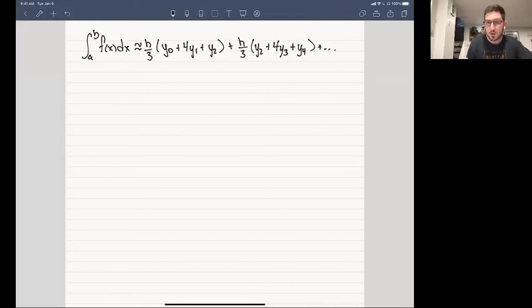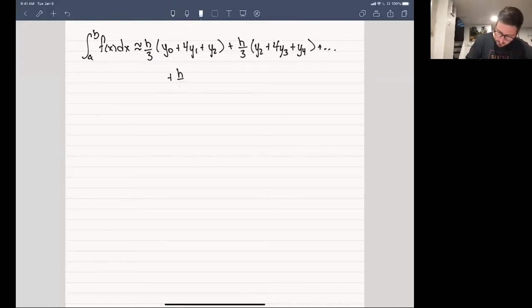And then you continue this process. You're moving forward 2 at a time. So you're using the odd numbers to be in the middle of the parabola, and the even numbers to define the endpoints of your parabola. And so this goes all the way up until you get to the last parabola.